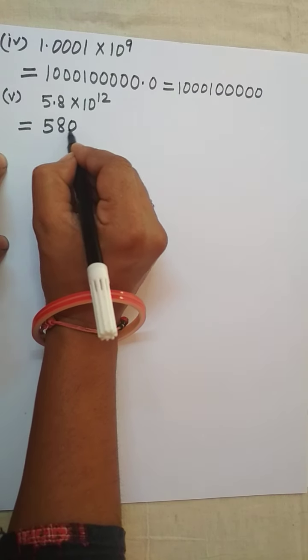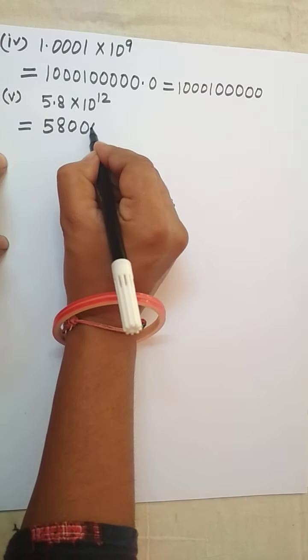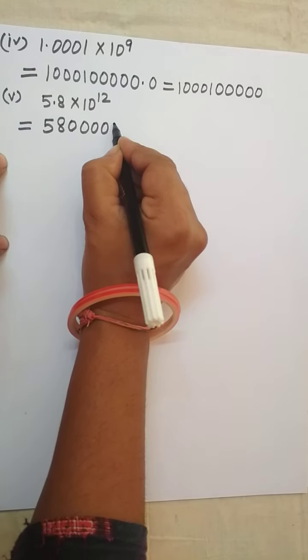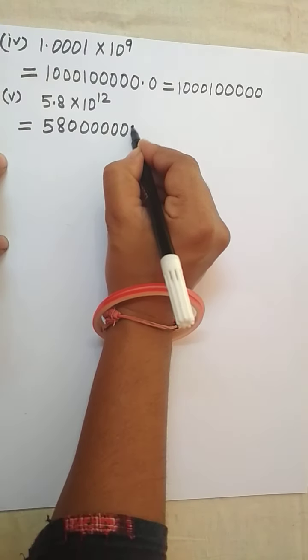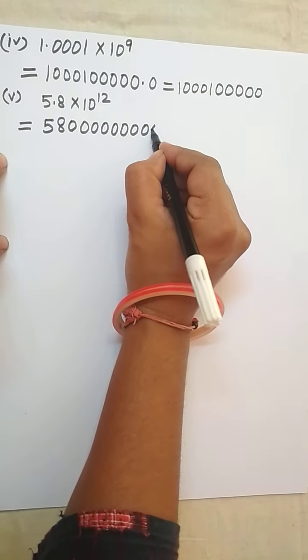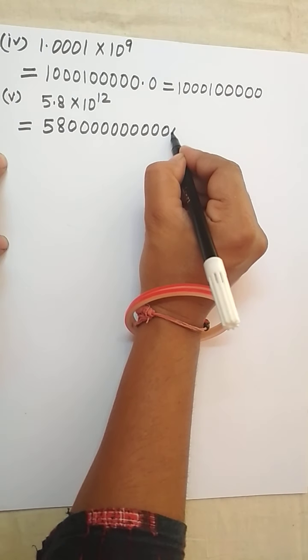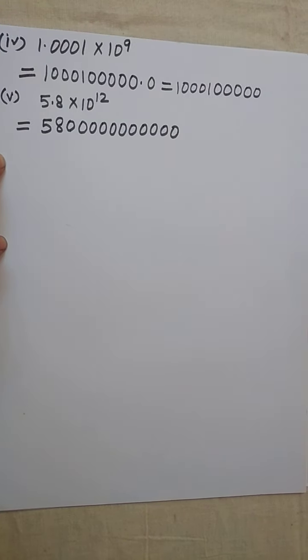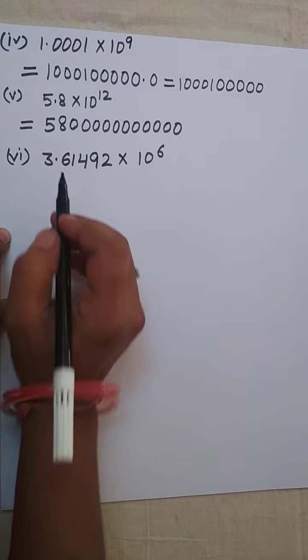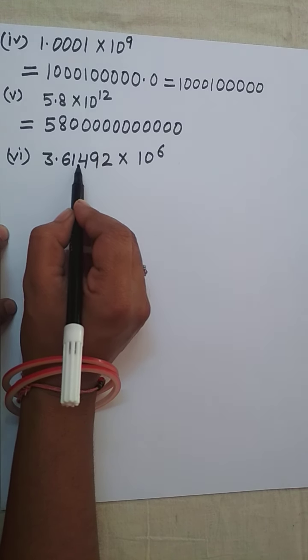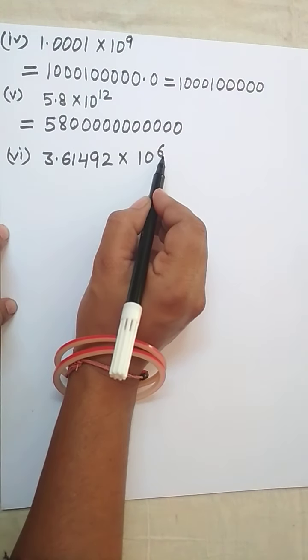This is 1, 2, 3, 4, 5, 6, 7, 8, 9, 10, 11, 12, which is the required answer. Next part is 3.61492 into 10 raised to power 6.